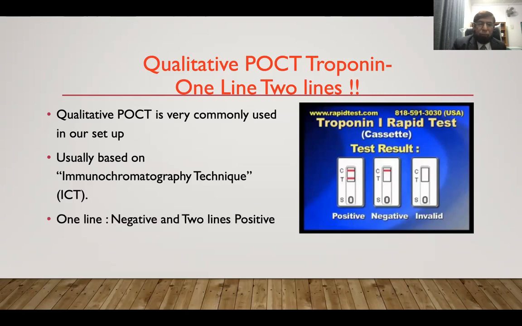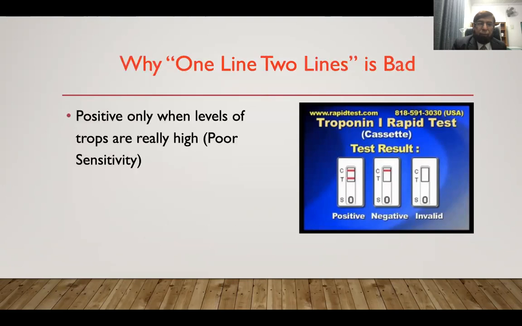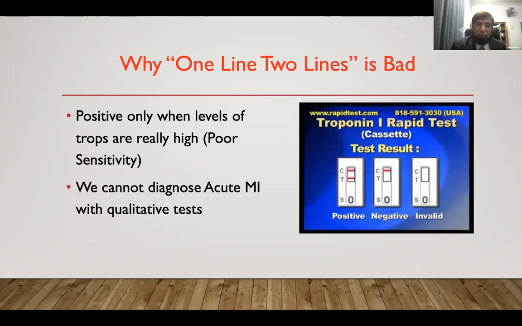Why should it not be used? Because it is positive only when levels of troponin are very high, so it has very poor sensitivity. What about those patients in whom the level is high enough for diagnosis, but not high enough to be positive in a POCT device?